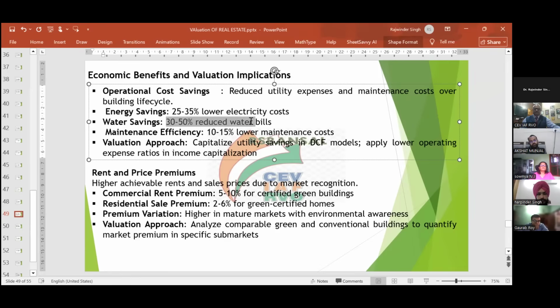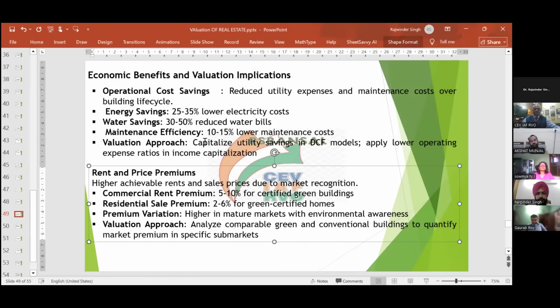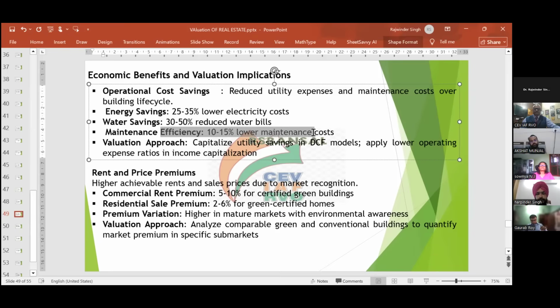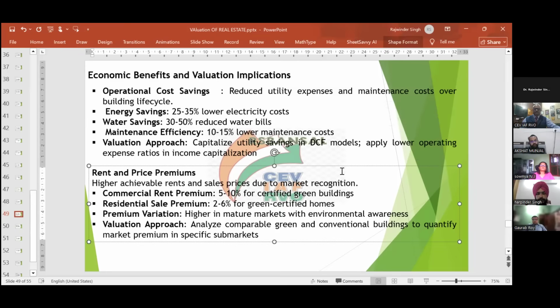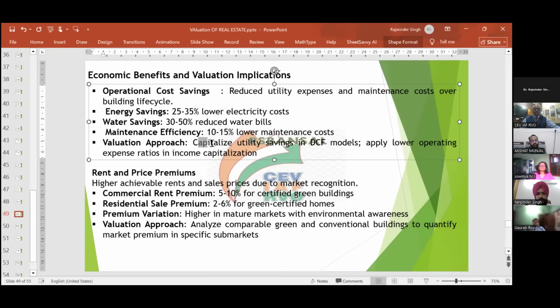They will have 30 to 50% reduced water consumption. Energy efficiency will also mean lower maintenance cost, 10 to 15% lower. So taking these things into consideration, capitalized utility savings in DCF models apply lower operating expenses and ratios in income capitalization. These things will be clear to you when you will be using the income approach.